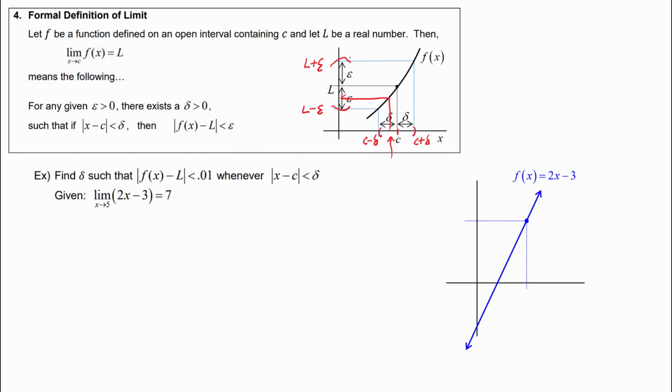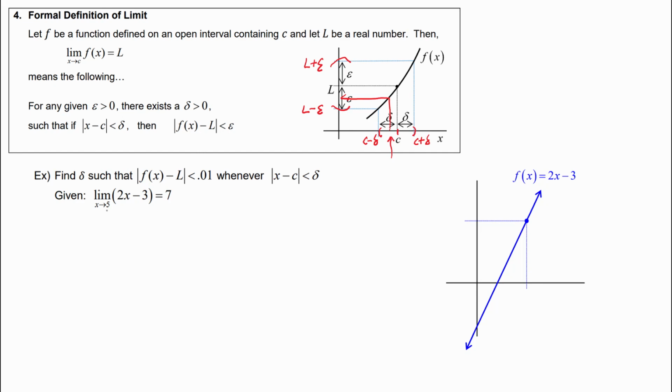Okay, if we see an example, it will make more sense. So let's do an example. It says find the delta such that the distance of f of x and the limit L would be less than 0.01 whenever the distance of your choice of x and the center c is less than delta, given the limit as x approaches 5 of the function 2x minus 3 equals 7.